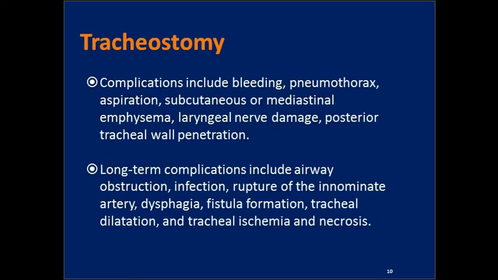Subcutaneous and mediastinal emphysema, that's just leakage of air, either from positive pressure ventilation forcing air in, or it's escaping from the lungs and goes into the sub-Q tissue. We'll talk about sub-Q emphysema later. Laryngeal nerve damage, and then tracheal wall penetration. Because we are placing it surgically, and it's an incision, we're making a cut, there is the possibility of cutting that laryngeal nerve and penetrating the trachea as we insert the cannula of the tracheostomy.